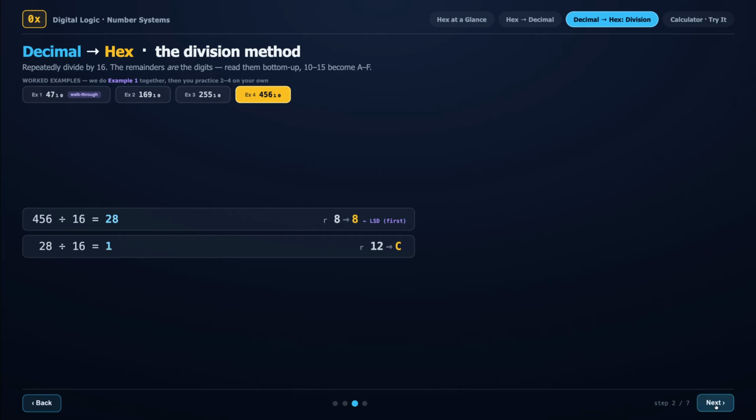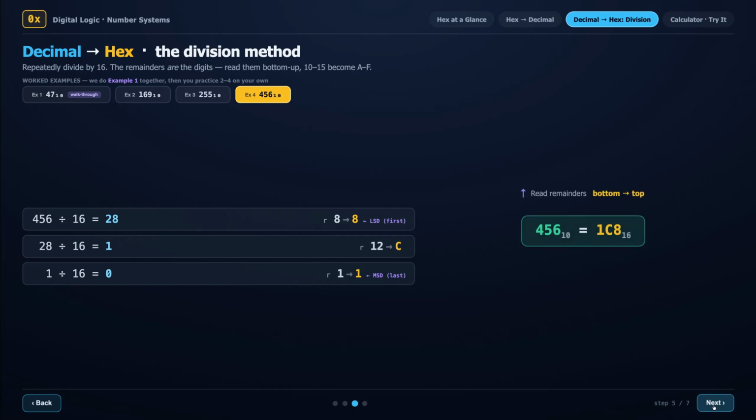And so from there, 1 divided by 16 goes in 0 times. Okay. And so I take that 1 and I read up, and I get that the number is 1C8. All right. So it works very much like binary.